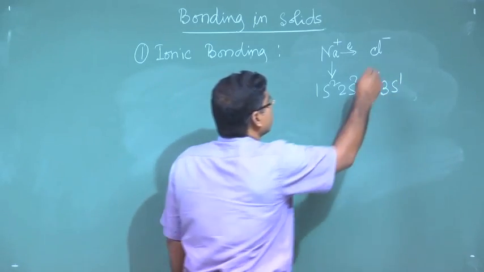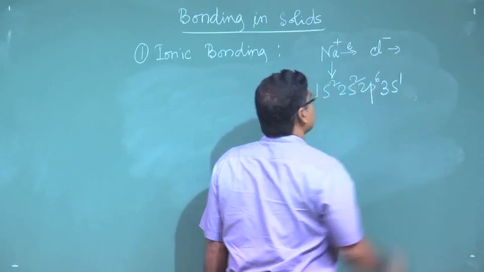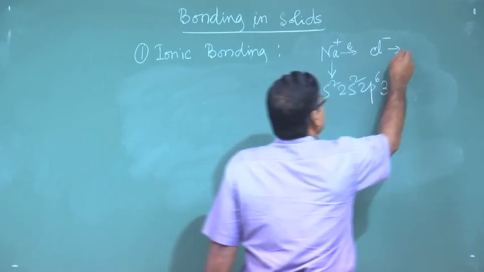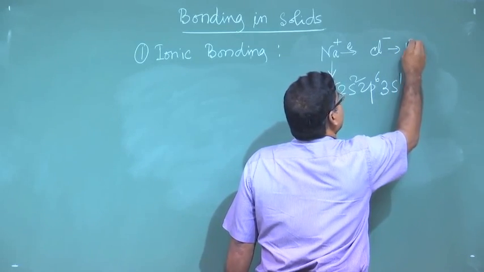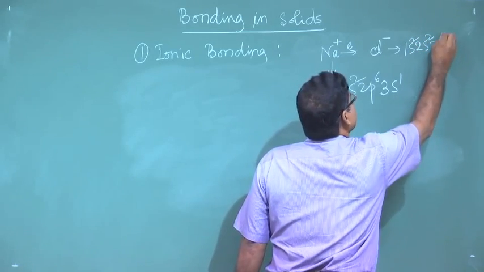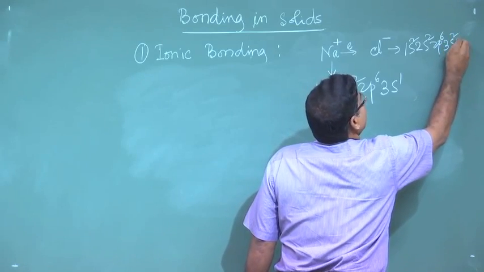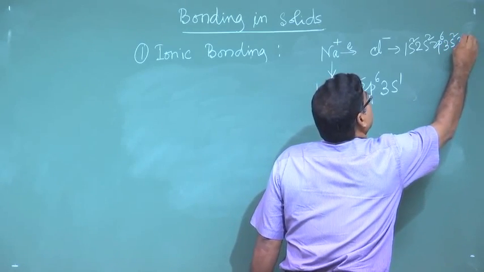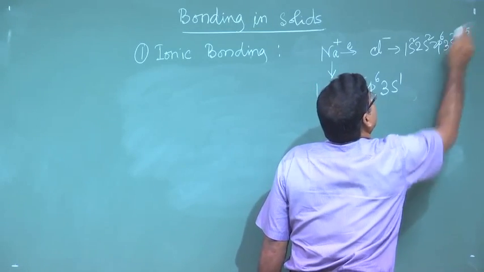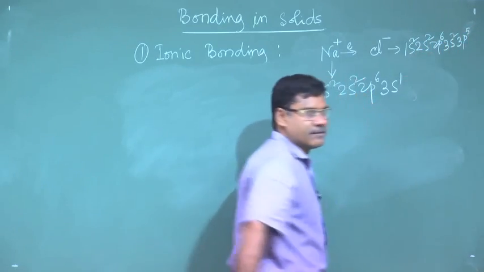And chlorine has 17 electrons, so its electronic configuration is 1s2, 2s2, 2p6, 3s2, 3p5.